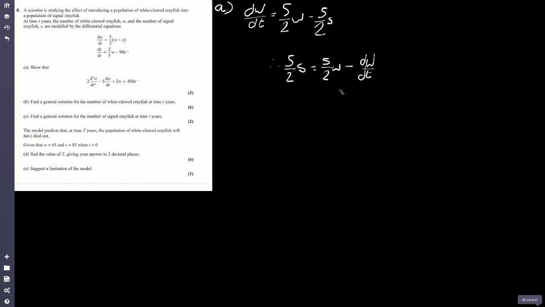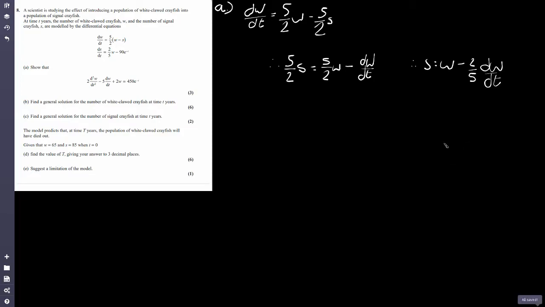And then finally I can simplify this by dividing through by 5 over 2, so s is equal to w minus 2 over 5 dw dt. Okay, so we've got it in terms of s now, we can keep going.